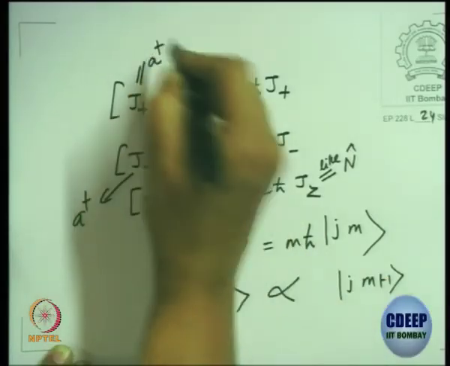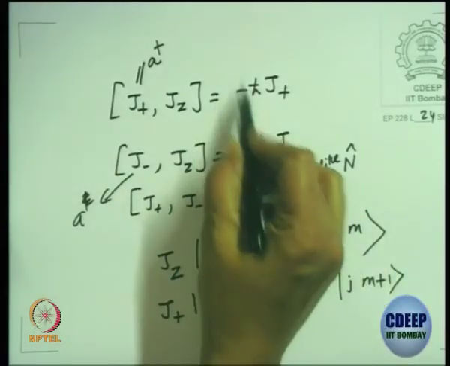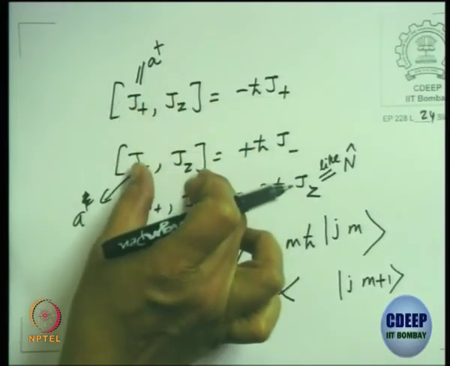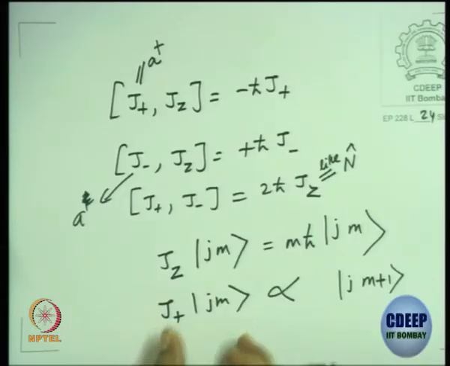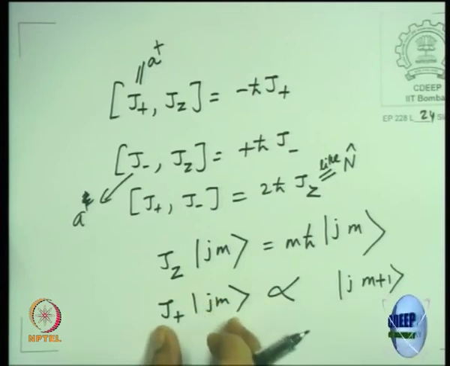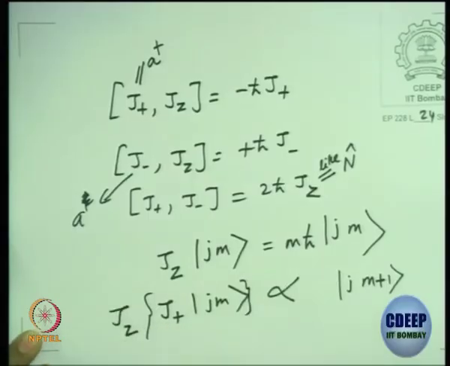So I think this is like A dagger and this is like A. Rewrite it that way, then this will become a plus sign, that will become a minus sign. Use this algebra and try to figure out that it is like a ladder operator. It's not an eigenstate, but this one will be an eigenstate of Jz with eigenvalue m plus 1 H cross. That's why we wrote the state as such. Similarly, use this algebra for the next one to figure out that it will be a lowering operator.